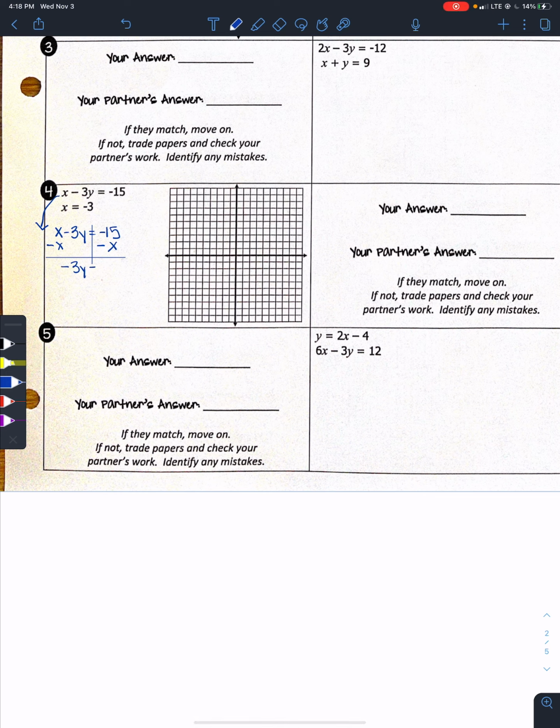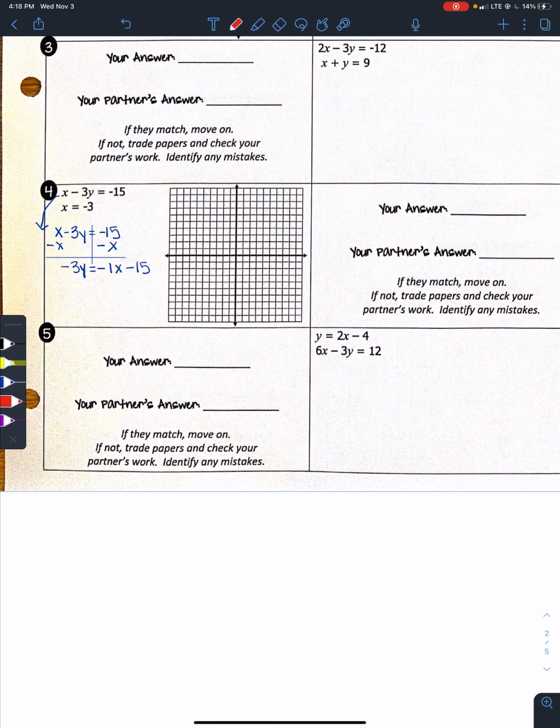So I have -3y equals negative, if you want, you can put a 1 in front of that, 1x, and -15. We cannot combine 1x and -15 because they are not like terms. One has an x, one does not.